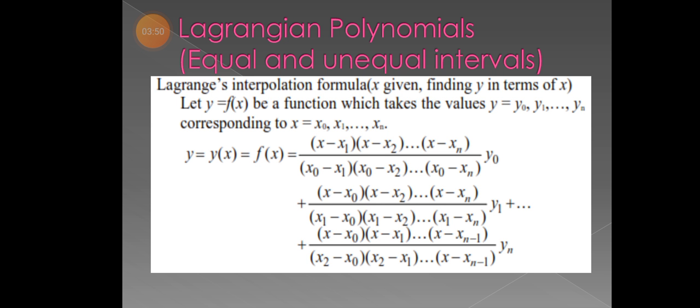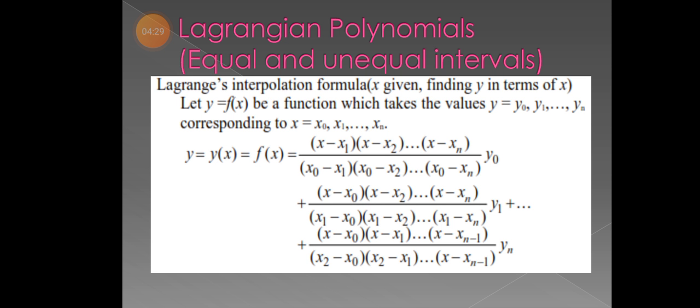Here x1 is missing in the numerator because we use it in the denominator, divided by x1 minus x0, x1 minus x2, etc., up to x1 minus xn, into y1. Similarly, in the next case it will have x minus x0, x minus x1, x minus x3, because x2 will be displayed in the denominator.